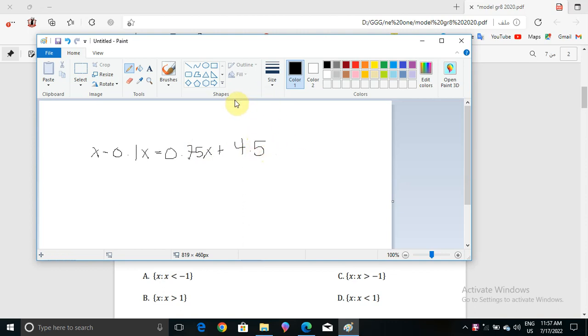This is the question, right? Okay, x minus 0.1, here point.